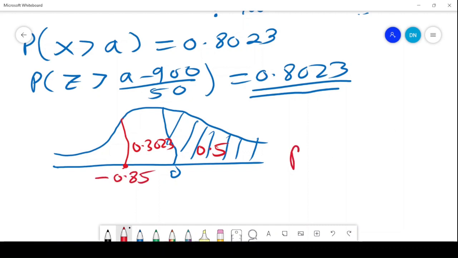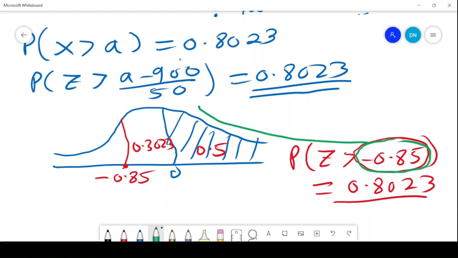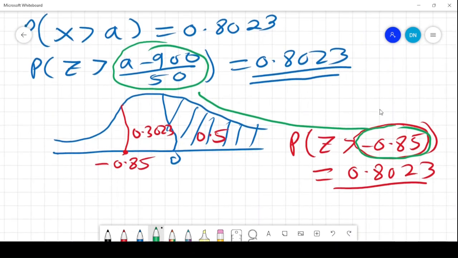So I can comfortably say probability z greater than negative 0.85 is equals to 0.8023. Now, there is a relationship between this component and this component here. That's what we are saying. Therefore, I can equate them.